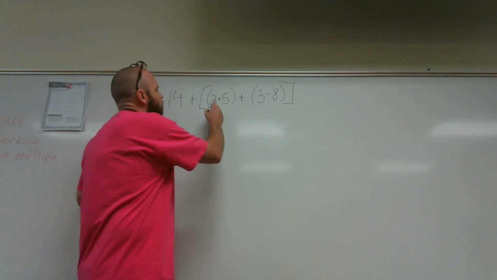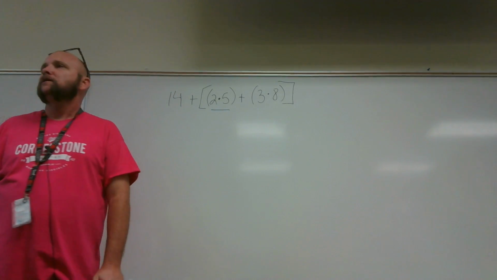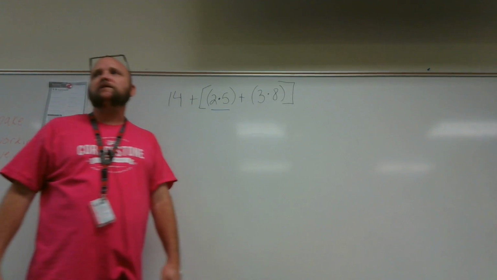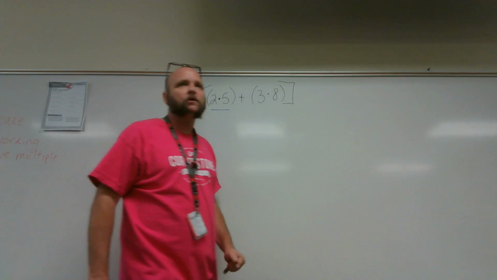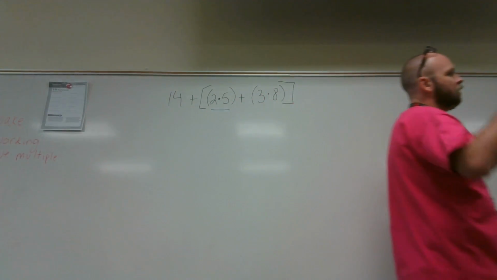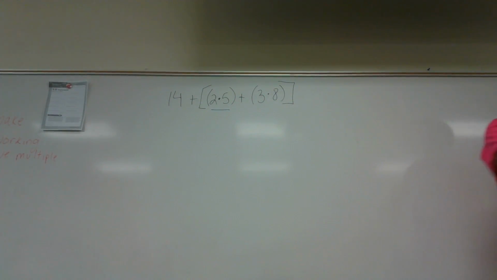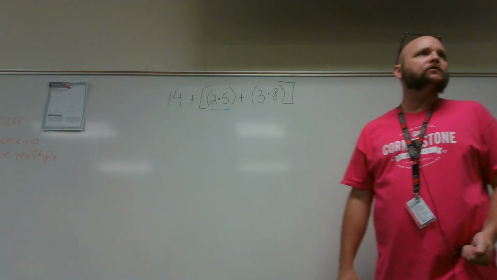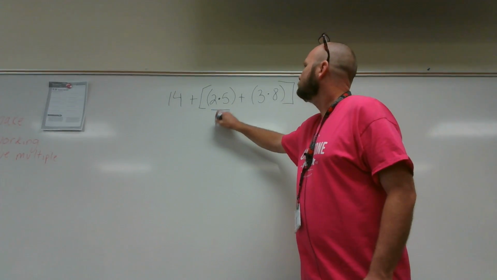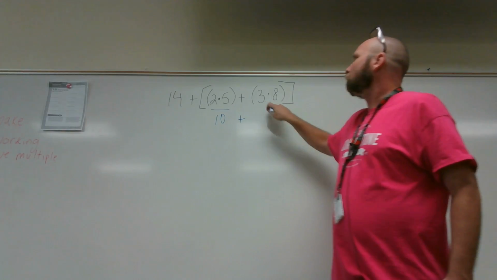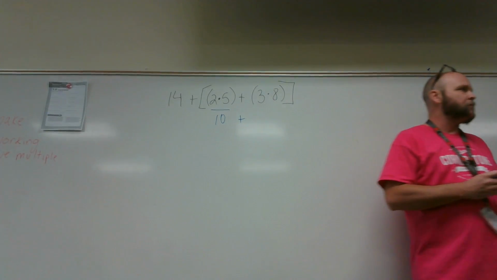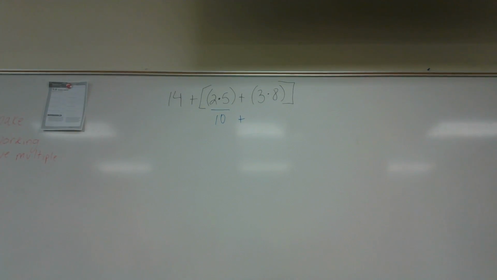Okay. So Evan decided we start with find the product of the factors 2 and 5. Evan, what is the product of the factors 2 and 5? 10. Plus, we're going to do this parentheses inside that parentheses, which is the product of 3 and 8.